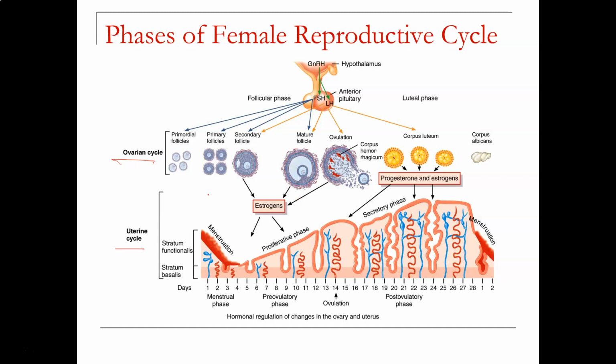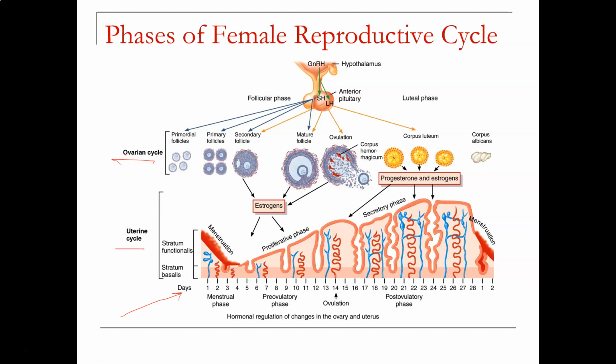I like the way it's neatly lined up, where you see what's going on in the uterus during the various phases of the ovarian cycle, and also they give you a timeline down here. So it's going from day 1 to day 28. That's a cycle period for the ovarian and the menstrual or uterine cycles.